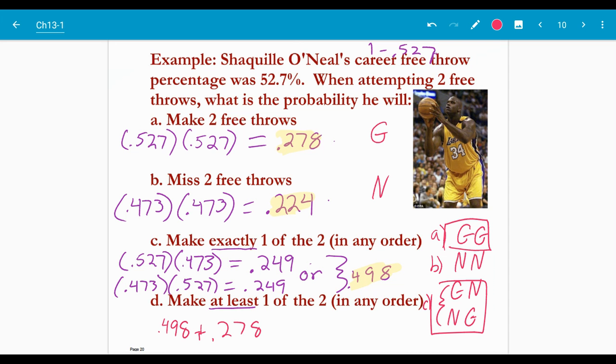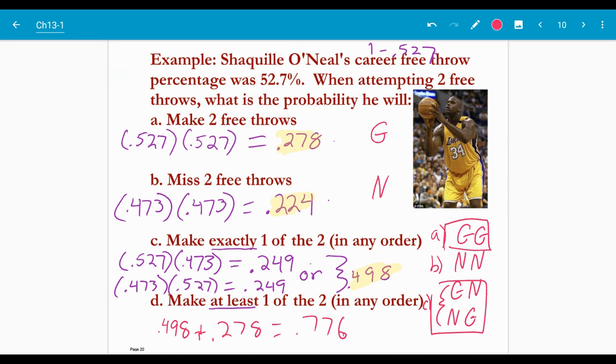I probably should do this by hand, but I'm feeling lazy on a Thursday morning, and I want to make sure that I'm right. 0.776 is the probability that he makes at least one of those two, which would mean one or the other, or both.